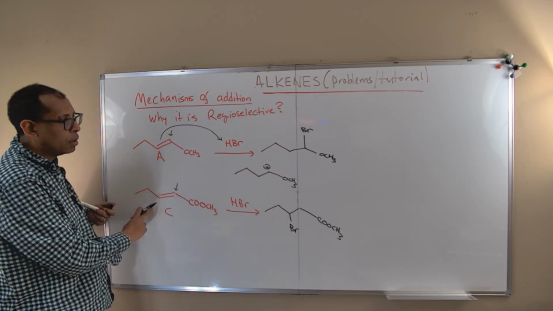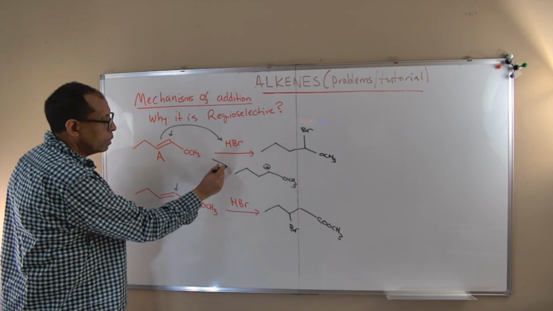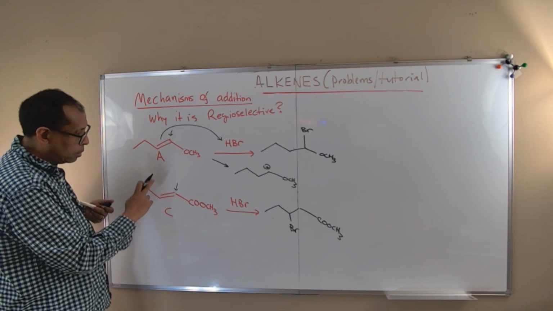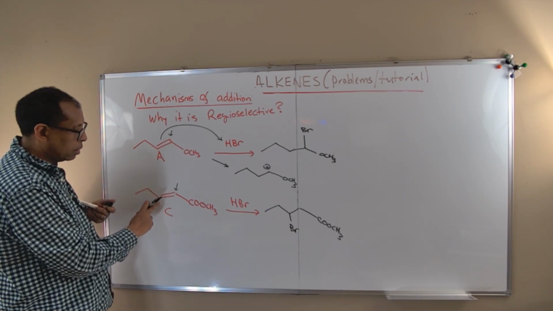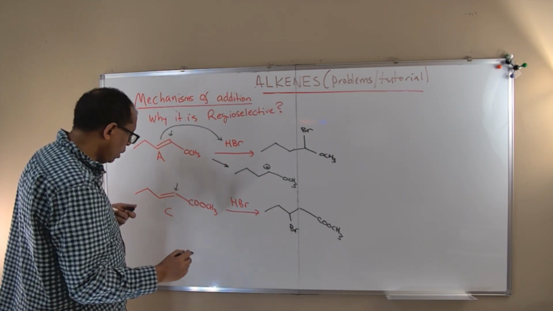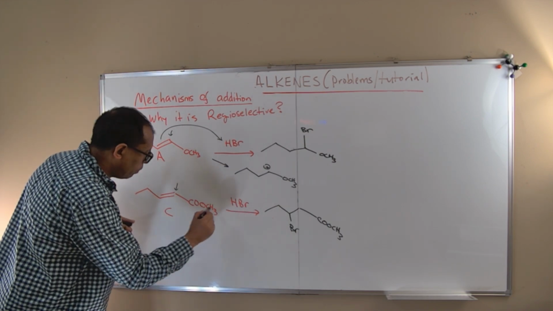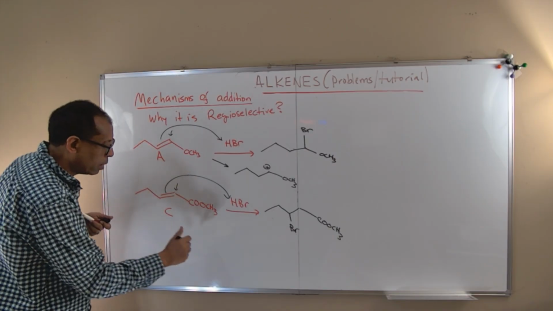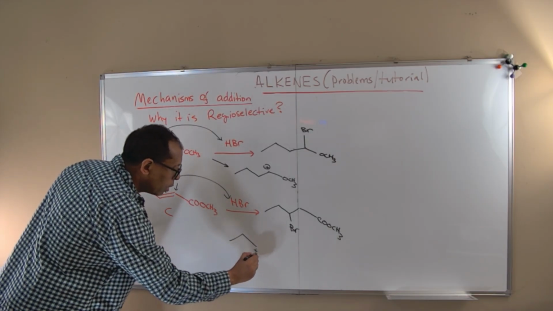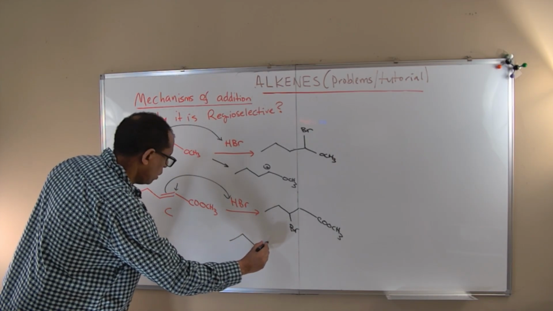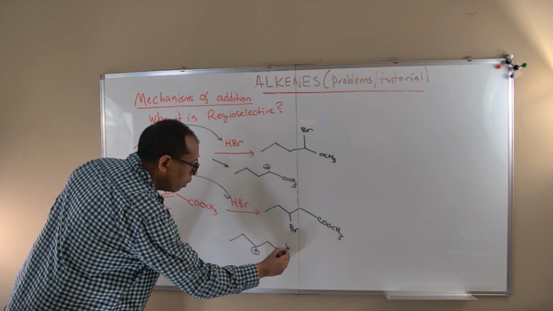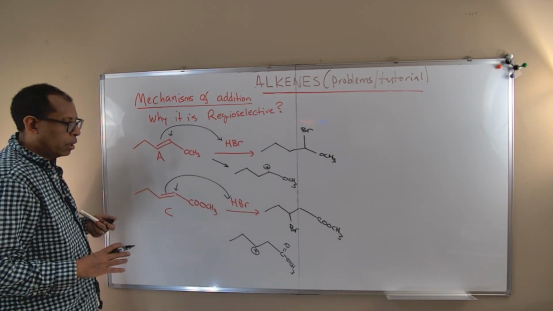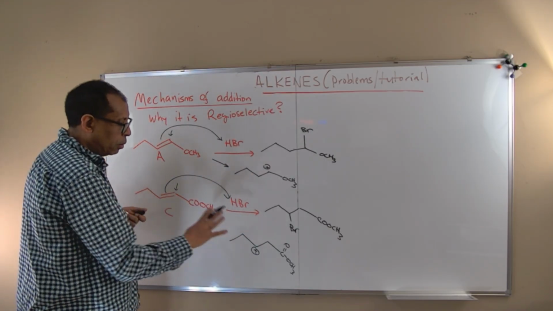In this case, the carbocation is formed on this carbon, hence that's where the bromine comes in. So let me just draw the abstraction of that proton. Carbocation is formed right there. So it is here, and COOCH3. So the carbocations are formed at different locations.